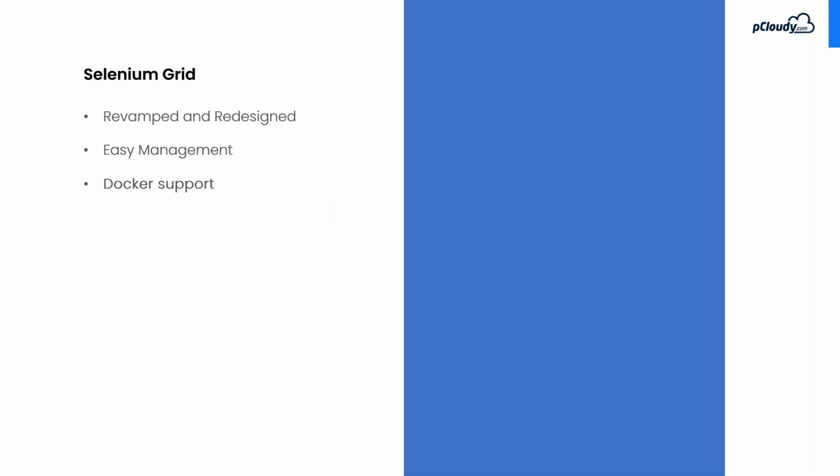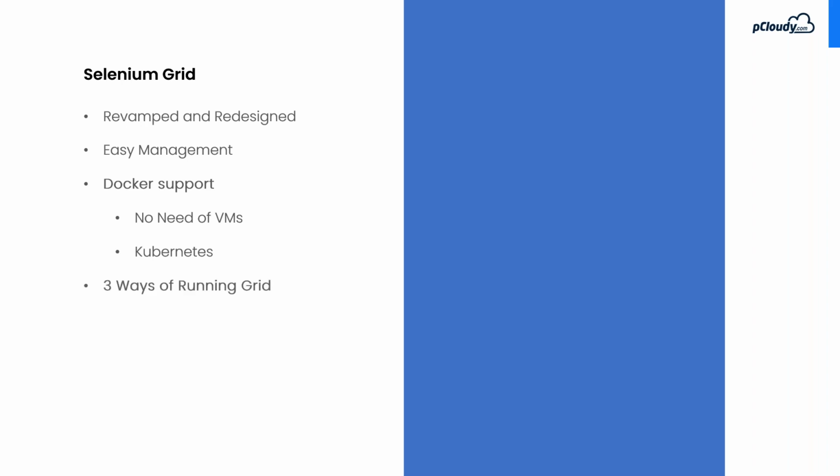With the support for Docker, you can now create containers, and there is no need to depend on VMs, and you get better scalability. We can use applications like Kubernetes and so on.